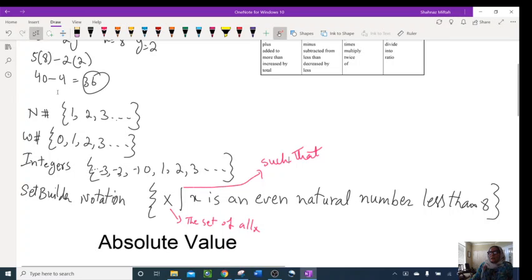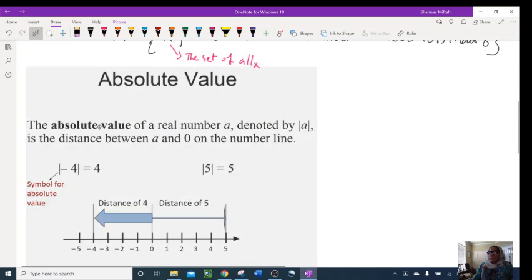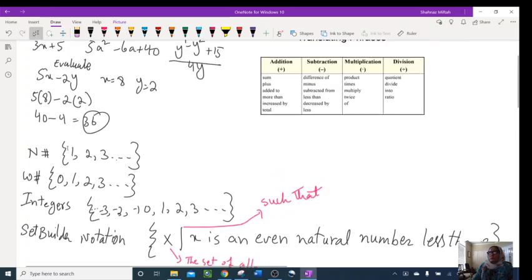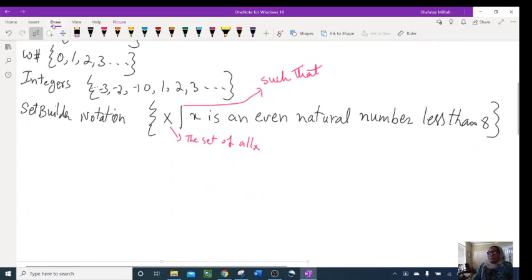Okay, now let's go back here. This is all set builder notation. I can also have set builder notation for an empty set. You can draw it like this, or maybe just this, either one is okay.